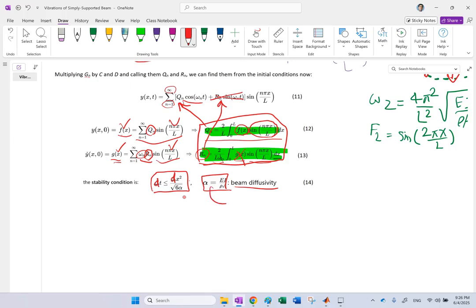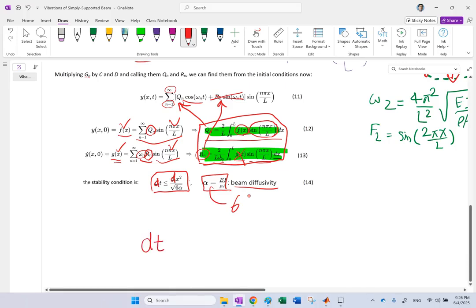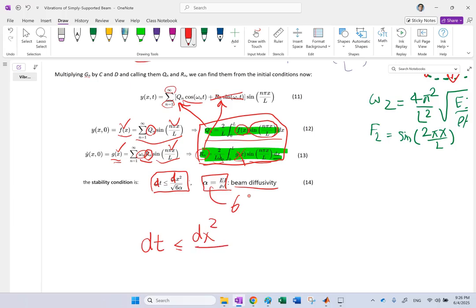So for instance, let's say this alpha is some specific number, like 6. Then your dt should be less than or equal to dx squared divided by 6 times 6, the square root of that is like 6. Okay, so if, for instance, you pick this to be 0.1, then your dt should be less than or equal to 0.01 divided by 6.